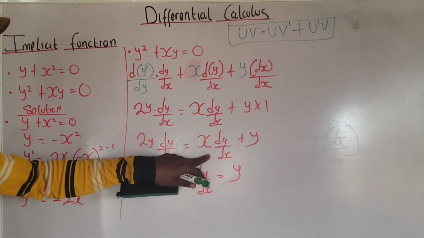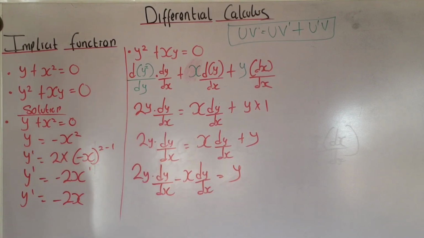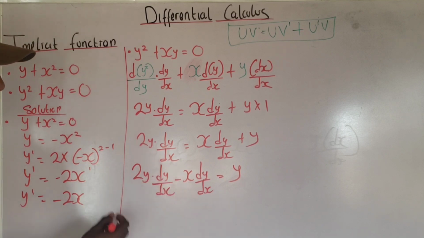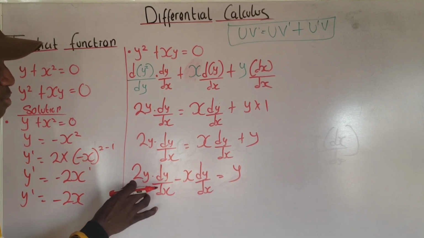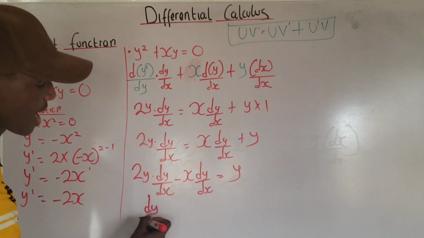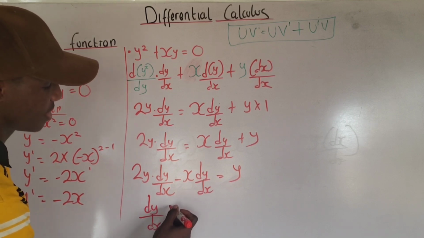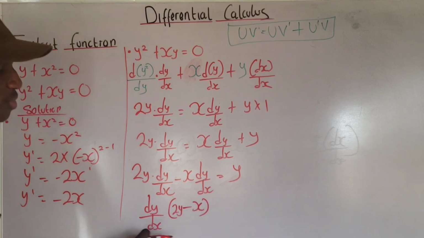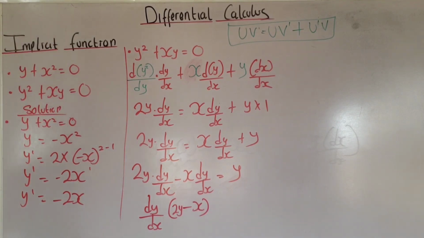I just took this x dy/dx to the other side because I want to factorize dy/dx. Since dy/dx is common to both 2y and x, I'm going to have dy/dx into brackets 2y minus x. If you open this bracket using dy/dx, you are still going to have 2y dy/dx minus x dy/dx.